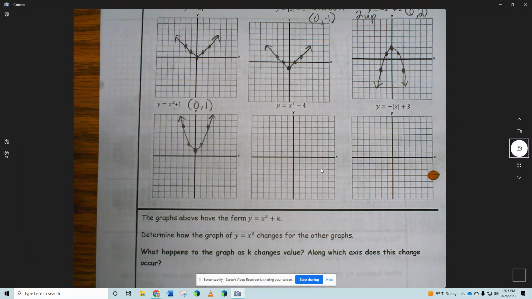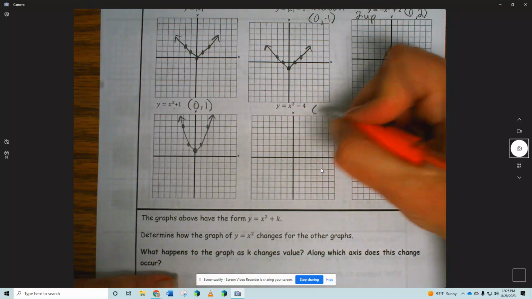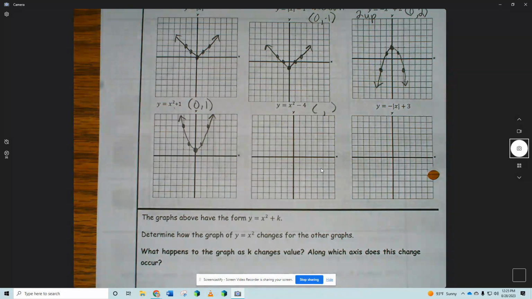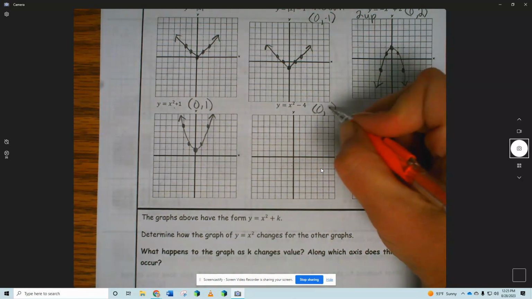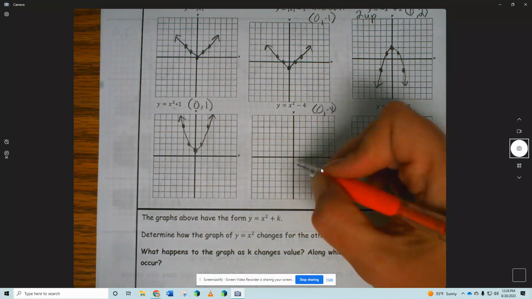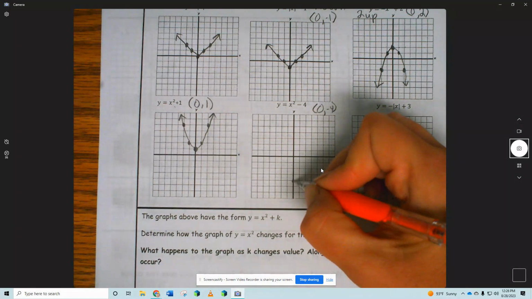X squared minus 4. Tell someone at your table what the vertex is. X squared minus 4. What is it? 0, negative 4. One, two, three, 4.